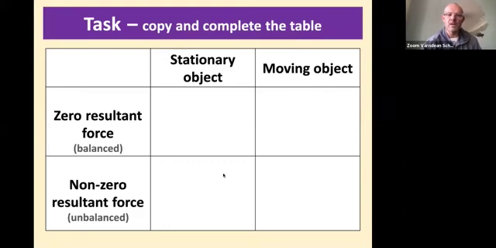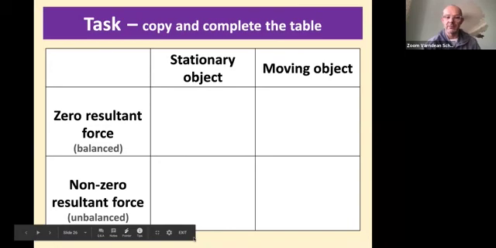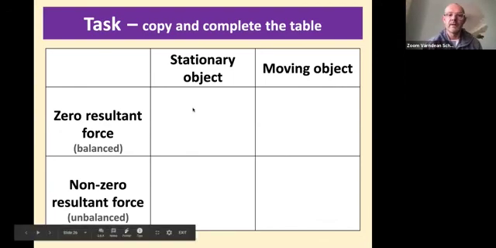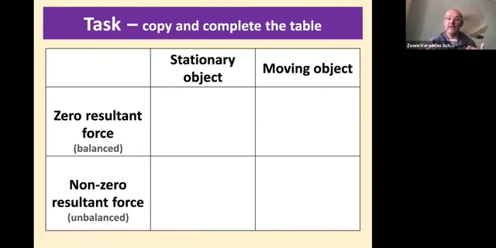So if forces are balanced, stationary objects stay still. Remember our book. Our book had the same size arrow going up and down, which means that those forces are exactly the same. If an object is moving at a constant speed, that means that its forces are also balanced, so they must be absolutely the same. So in here, stationary object, zero resultant force, stays stationary.